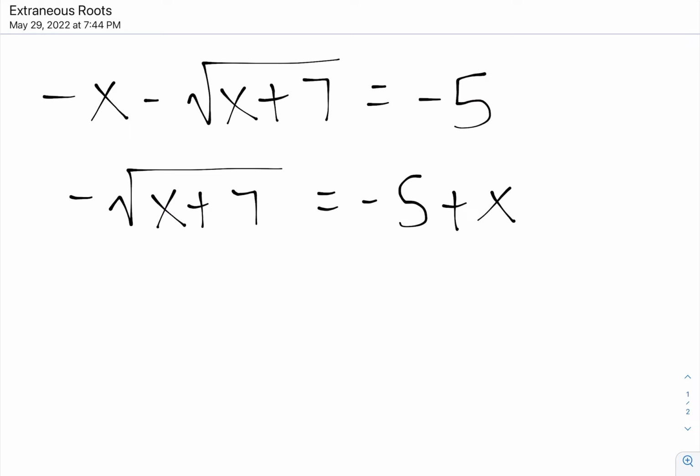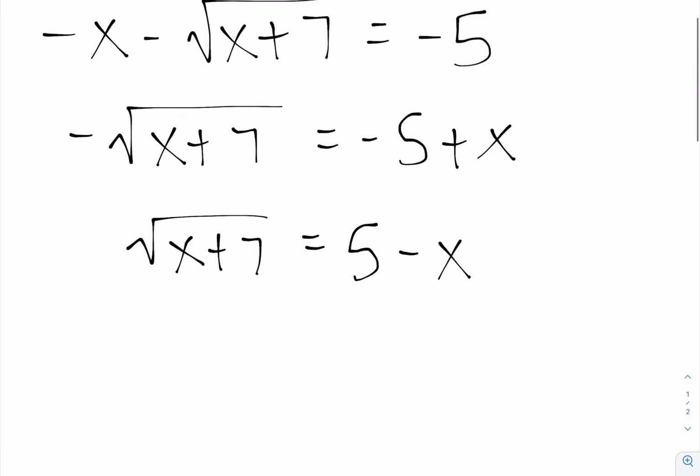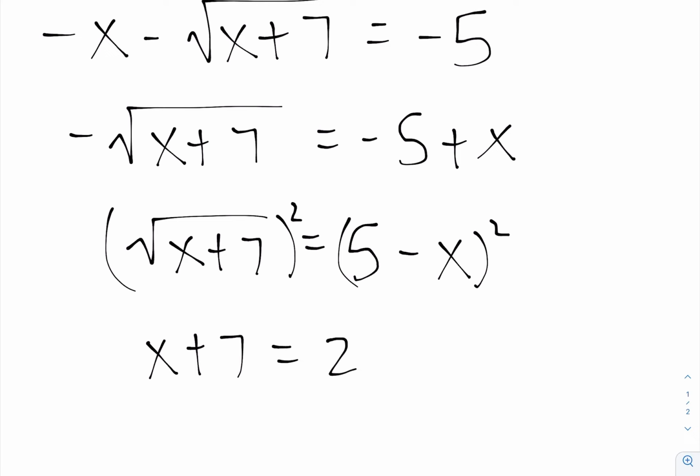We got the positive square root of x plus 7 was equal to positive 5 minus x, and then we squared both sides. We got the inside, x plus 7, equal to 25, because 5 squared is 25, and then minus 10x, just combining like terms, and then plus x squared.